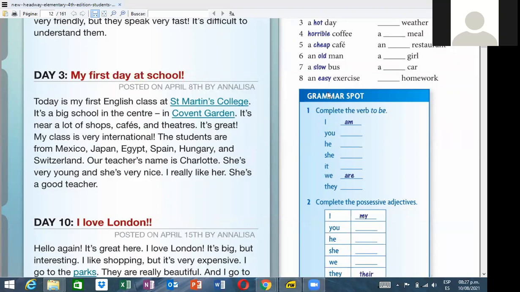Ok, Kevin, ¿qué tal? ¿Terminaste? Kevin, Kevin Bellot. Hello, hello. Sí, ya estoy terminando.